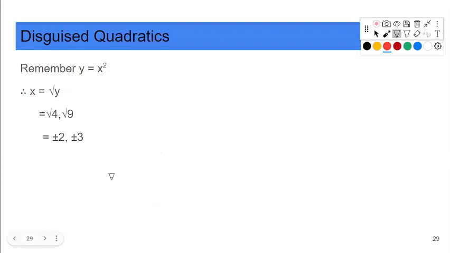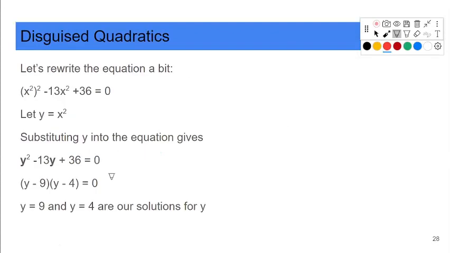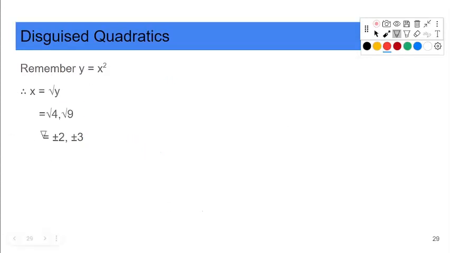And I remember when you do these disguised quadratics, when I was doing odd math, I would always forget to go back. I was solving for x and just leave it here with the solutions for y, but you have to go back and remember that you're solving for x or whatever original variable it was, so don't lose marks that way.